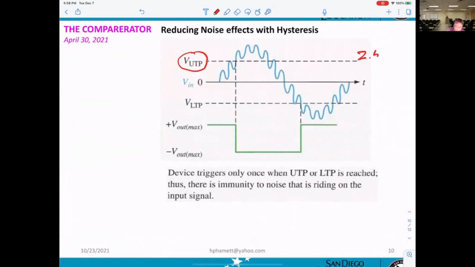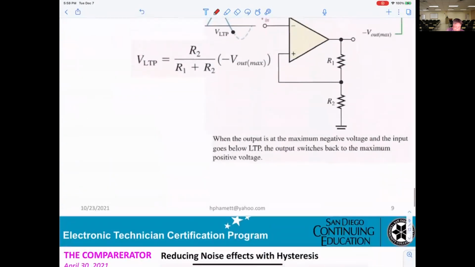And this is negative 2.5. Okay, so when your signal hits the first point here, then you can get the upper trigger. V in less than upper trigger, you get negative or positive, depending on the connection.